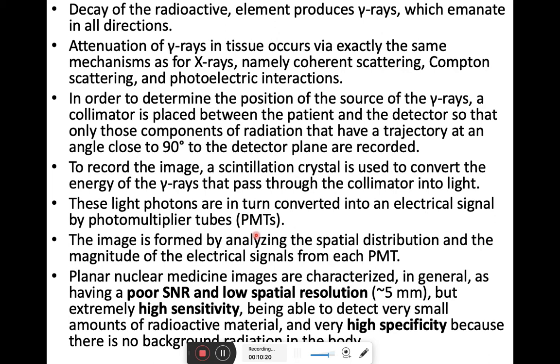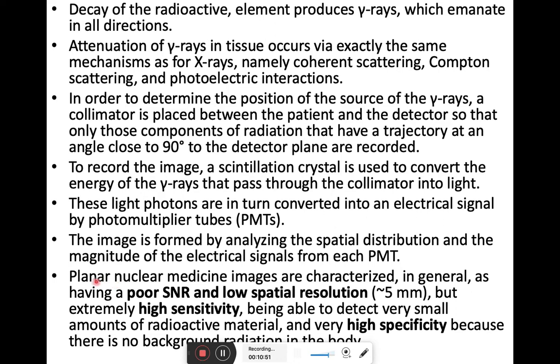From the light, we need another special detector that will convert it into an electrical signal in the form of voltage. Then the image is formed by analyzing the spatial distribution and the magnitude of the electrical signals from each of the PMTs. We have multiple PMT tubes, which is why we have multiple analog signals.